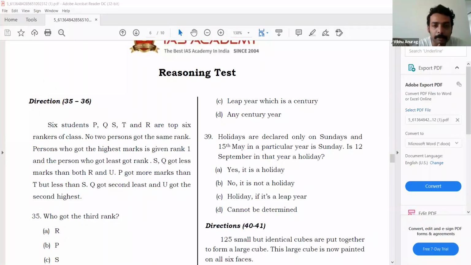So 16th May will be a Monday. Correct? Because that is day 1. Then every 7th day will be a Sunday. So is 120 divisible by 7?